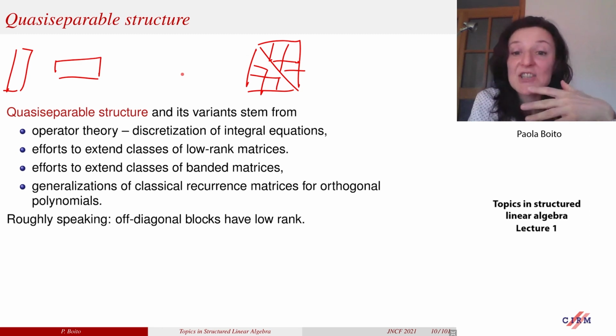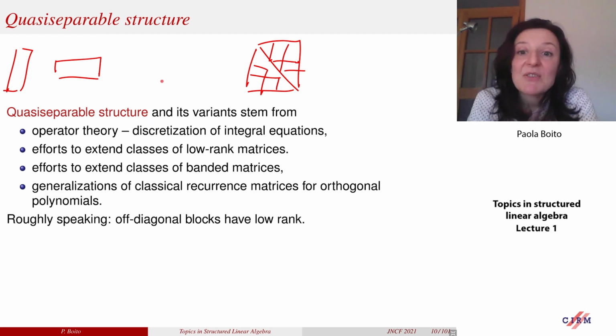It's also an extension of the class of banded matrices, because it's easy to see that a banded matrix is a quasi-separable matrix. But banded matrices have the problem that if you invert a banded matrix, you do not get an exactly banded matrix, whereas quasi-separable matrices are closed with respect to inversion. So in that respect, that's an improvement.